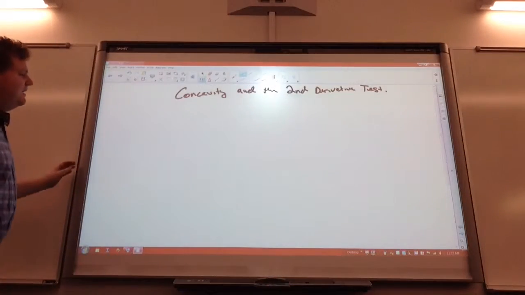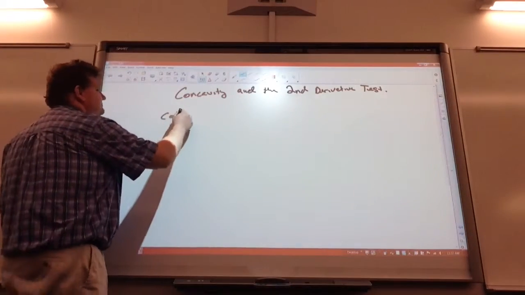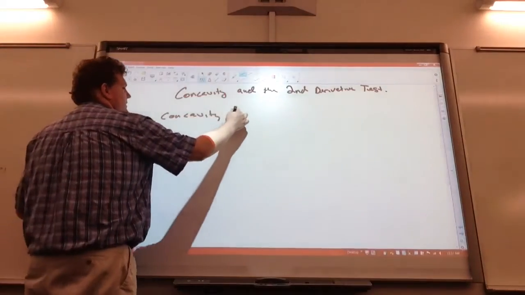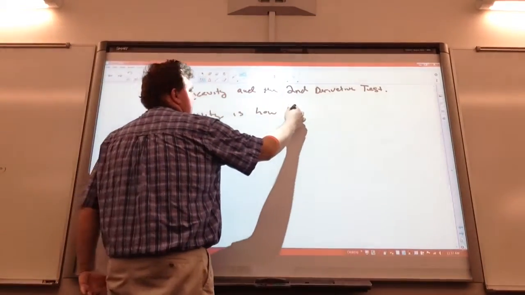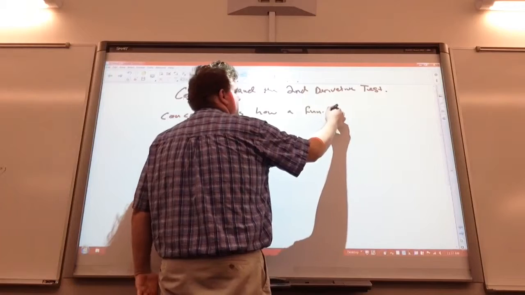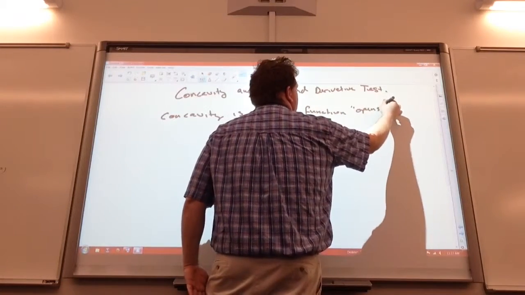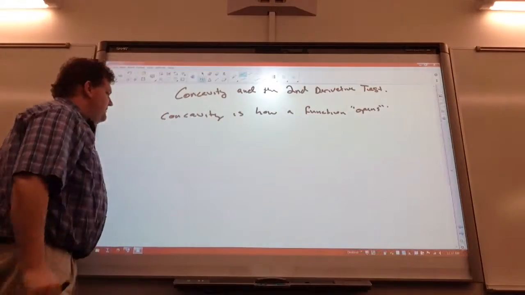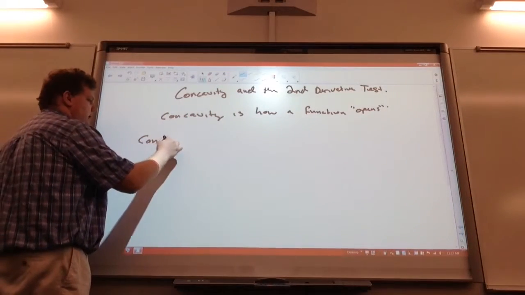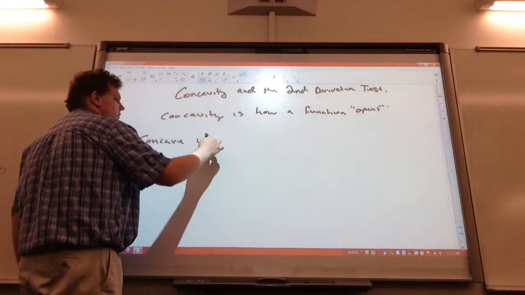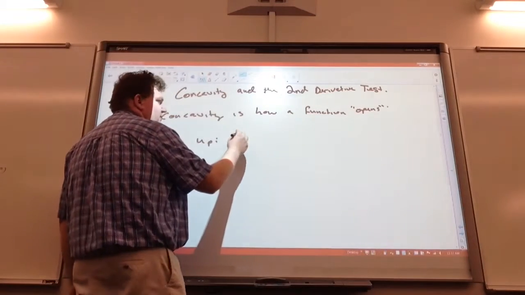So, concavity is how a function opens. We have concave up, meaning the function opens upwards.